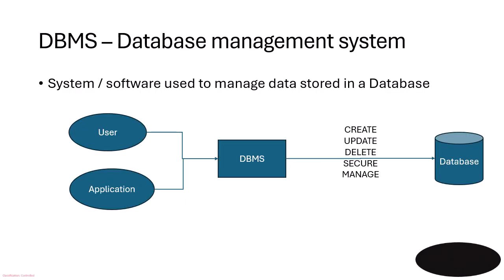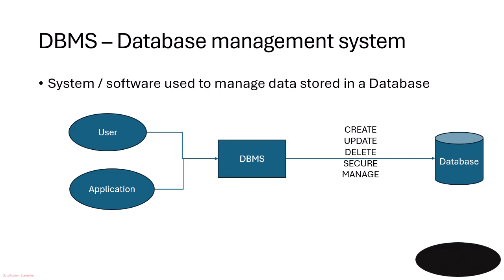Now that we know a bit about data, let's discuss what exactly is DBMS, or database management system. So it is basically a system. What is a system? It's just a group of tools and processes that work together to achieve an objective.